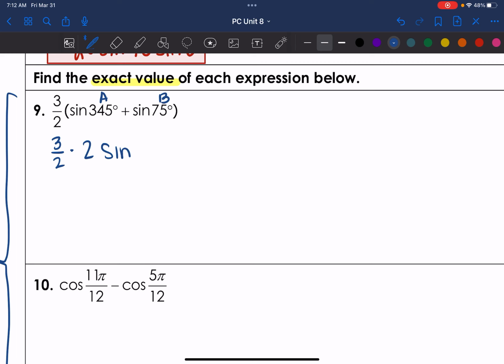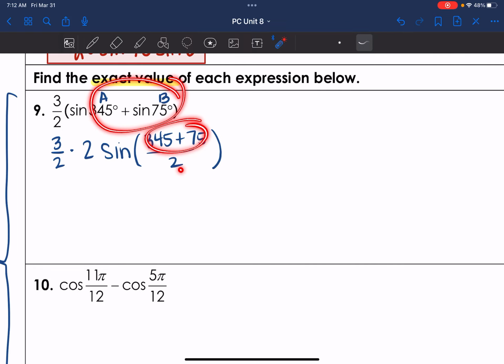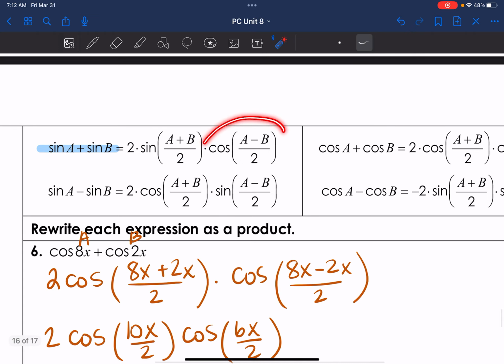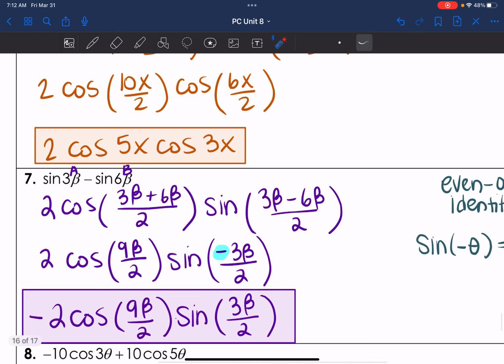But then sine of 345 plus 75 over 2. So I got the two angles, add them up, divided by 2. Then the next part of that identity has cosine of subtracting.